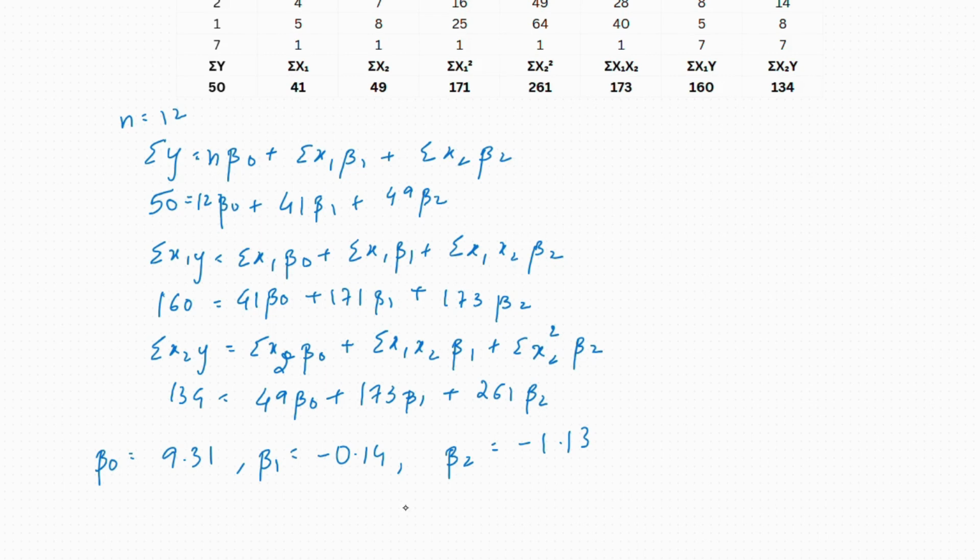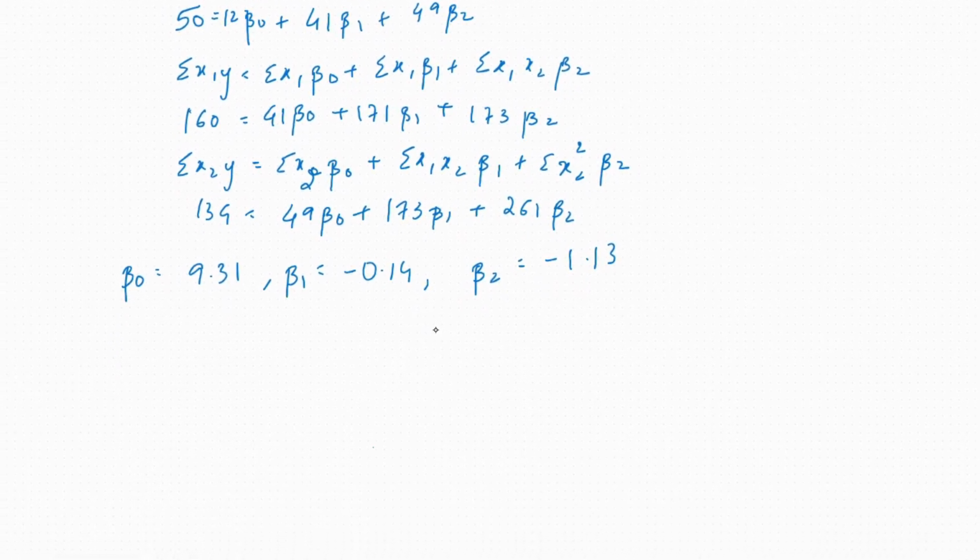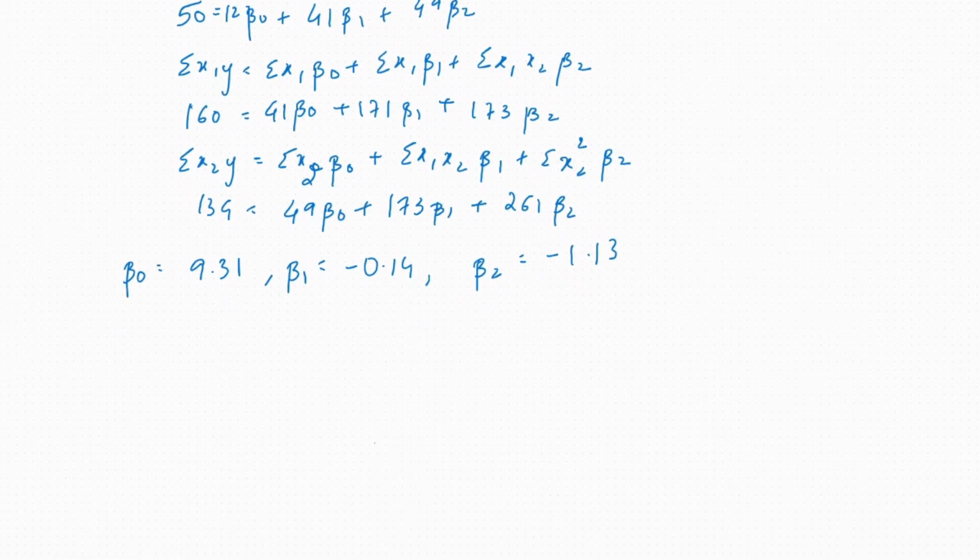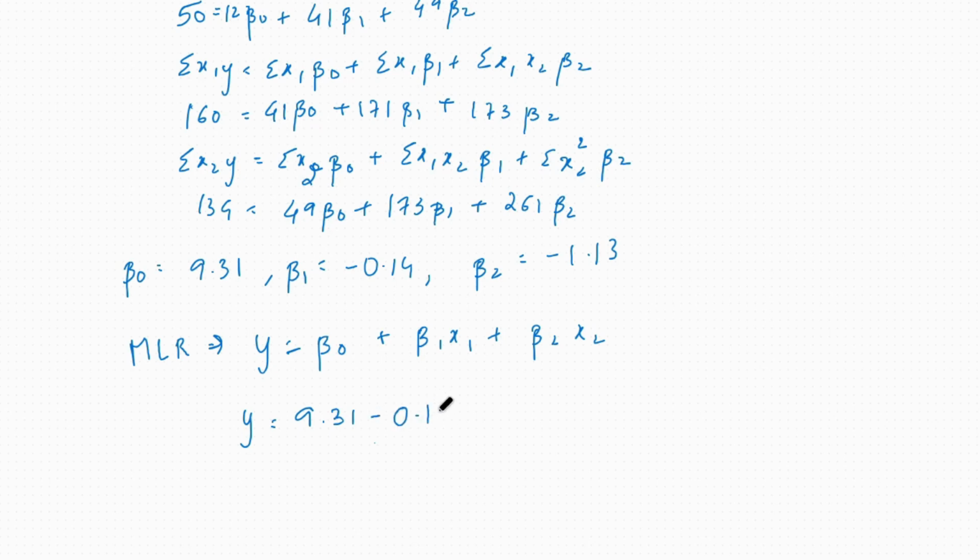So now we got the beta 1 and beta 2 values, and we substitute these values in the MLR equation. So now y is equal to 9.31 minus 0.14 x1 minus 1.13 x2. So this is our MLR equation.